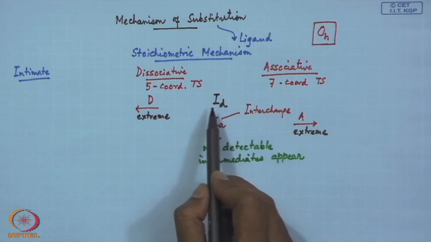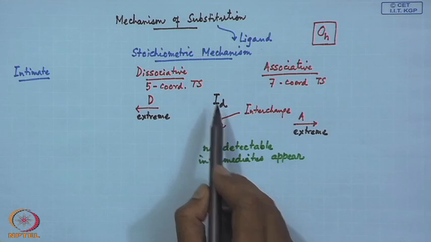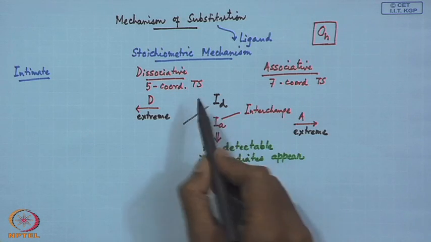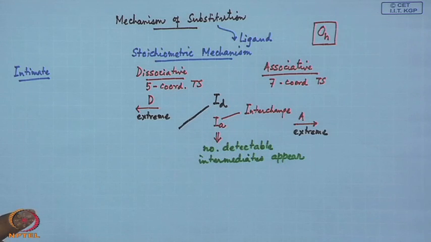In the case of Id, the degree of assistance is small and the reaction is primarily dissociative in nature.